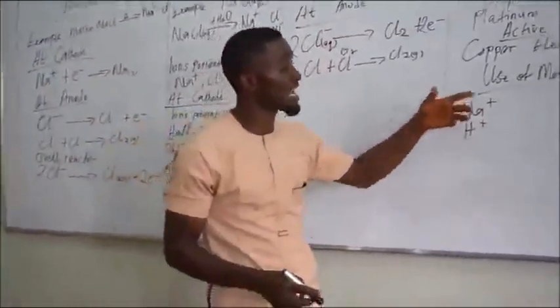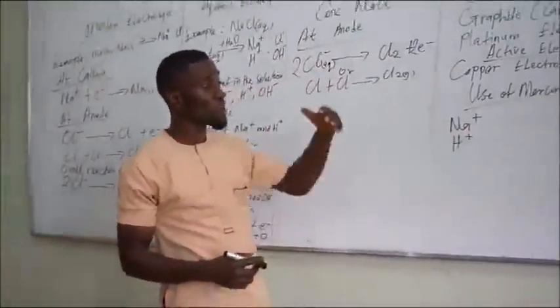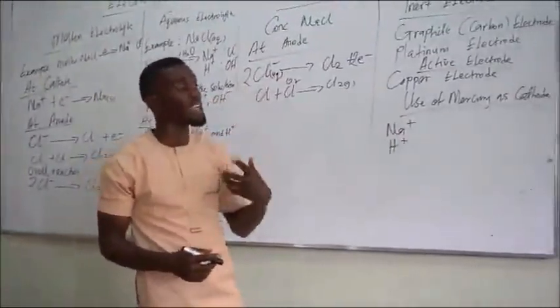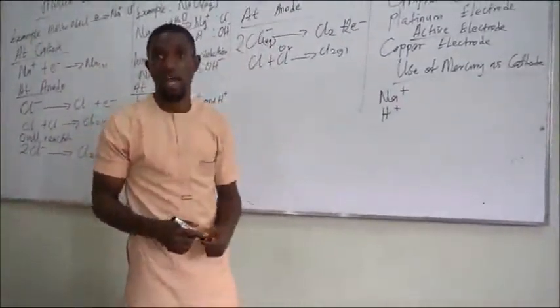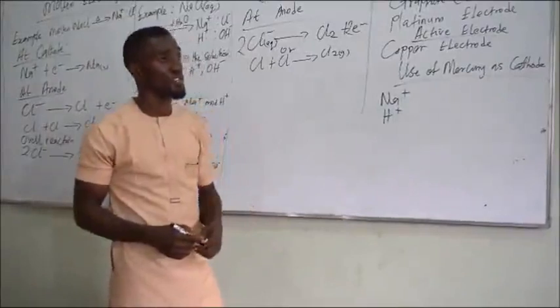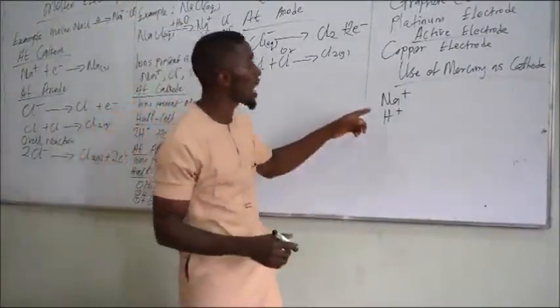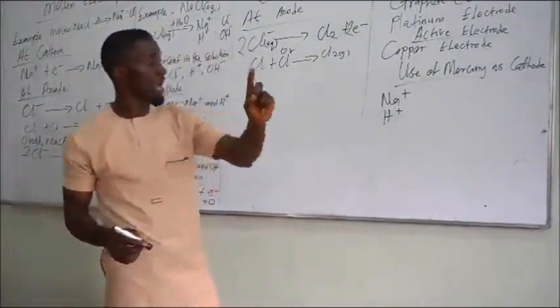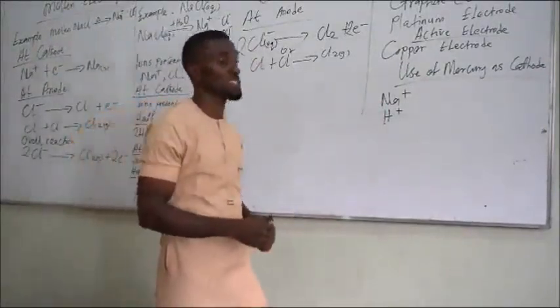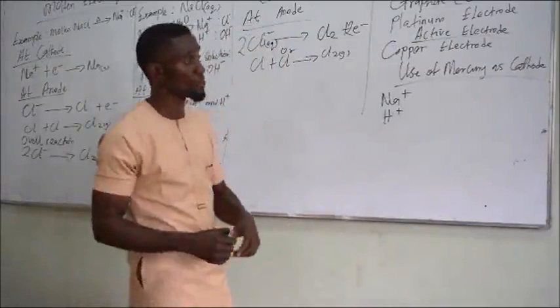Because if hydrogen is discharged at the cathode, there will be high intensity of heat at the cathode. It will increase the volume of heat at the cathode. So what happens is that the sodium ion will be deposited at the cathode.